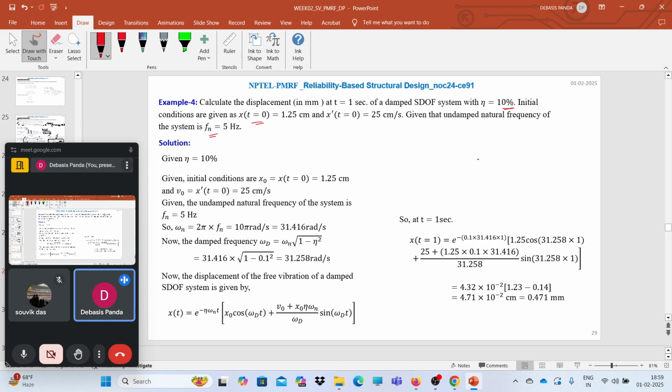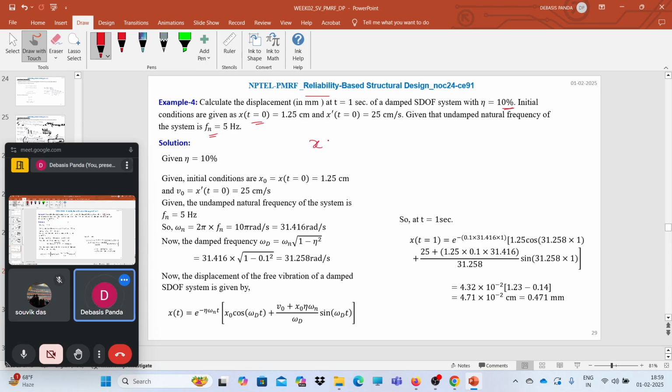What do we need to find out? We need to find the displacement at t equals 1 second. So how can we find it? It's a damped free vibration. What was the general equation for the displacement case?